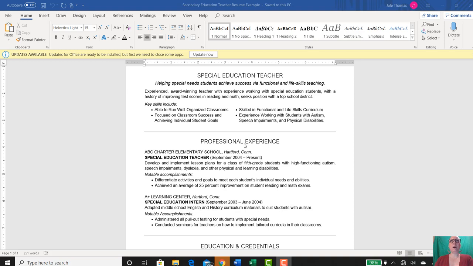I would be sure to mention some keywords such as diversity, urban educator, at-risk students, things like that, because for the most part, a lot of you will have worked with students that can fall into those categories.